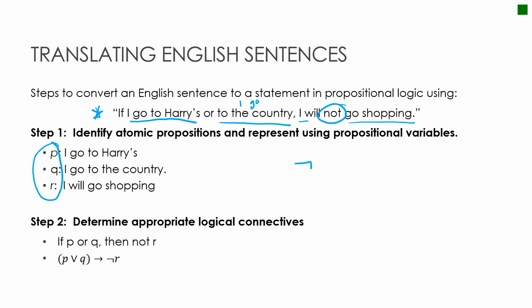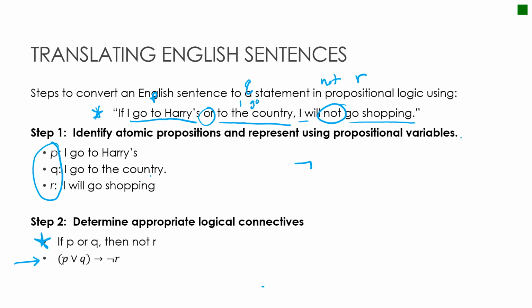Then we have to look at the connectives that we learned in our last section. It might be a good idea, before you skip straight to this, to think about rewriting it as: if P or Q, then not R. I was looking directly at the sentence when I was thinking about that.